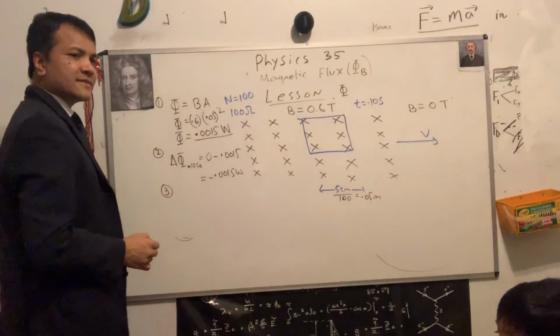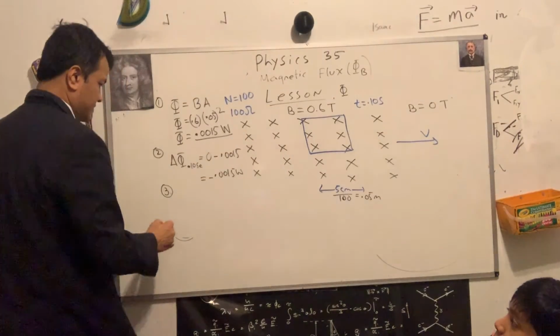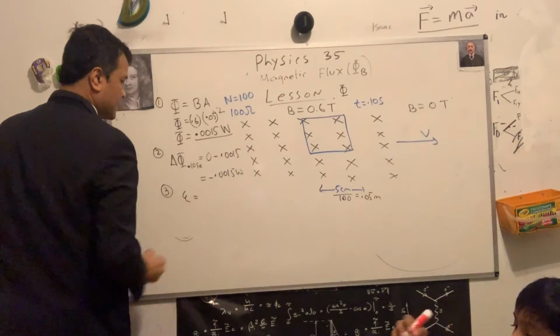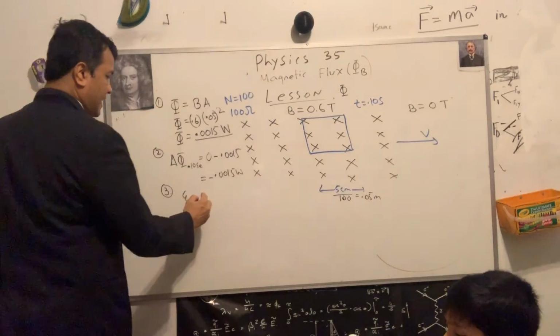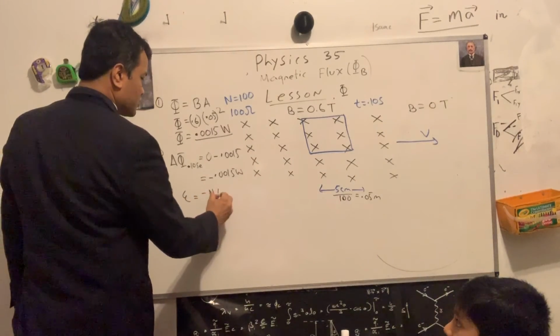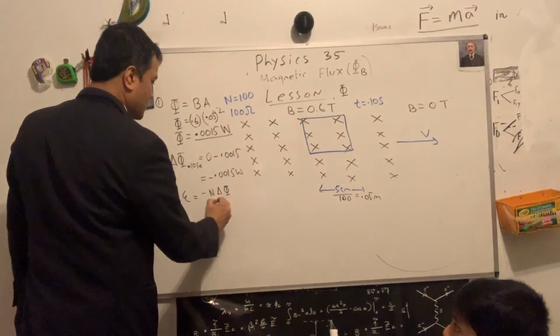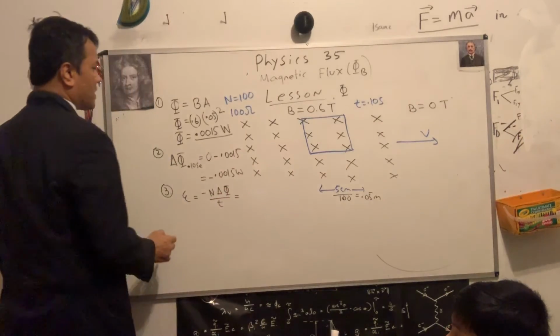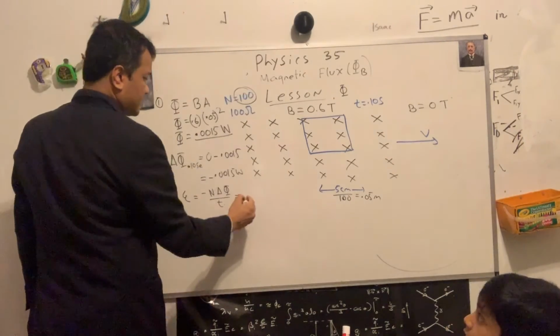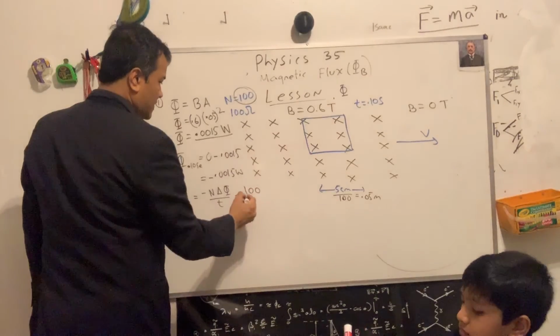Number 3. What can we find? Maybe EMF. EMF is negative N times change of flux over time. N is 100. Don't forget the negative.